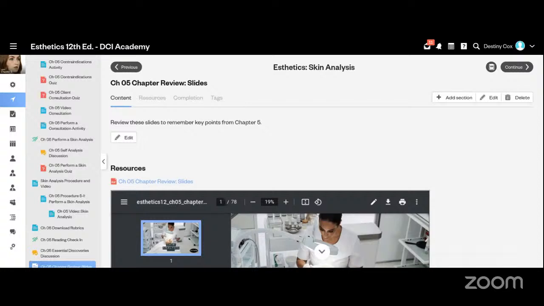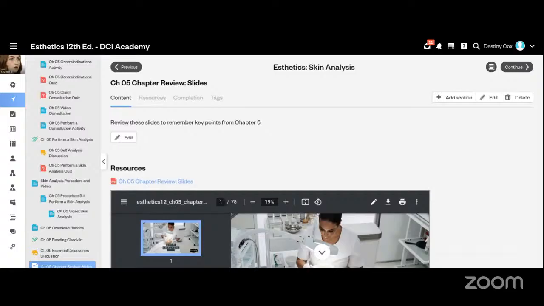So we're going to take our visual understanding of what we see, also our touch and our feel, and bring that into observation, and then also our consultation, our questions, our deep research as to what's going on with our client. And then we're going to talk about the different tools and things of that nature.